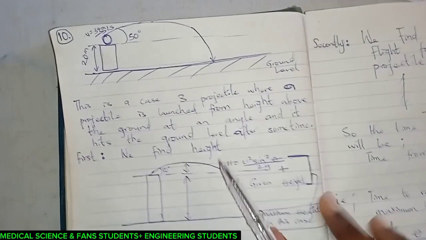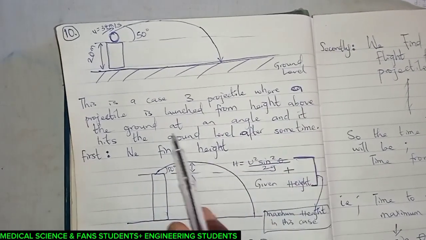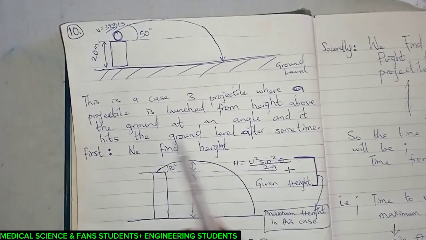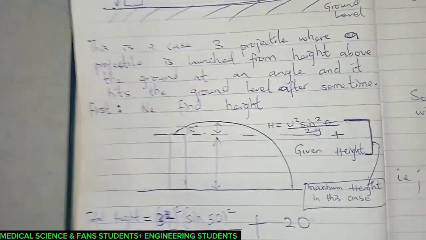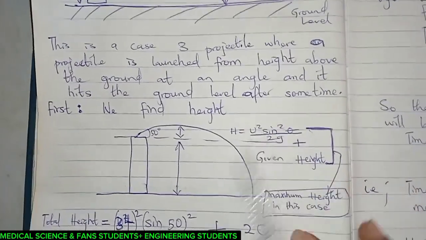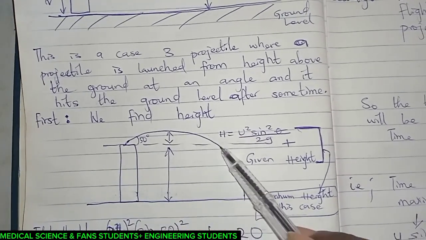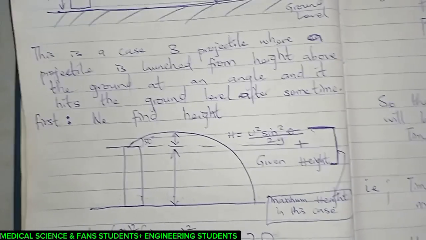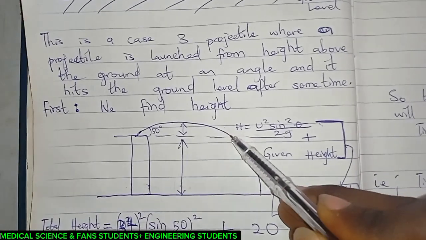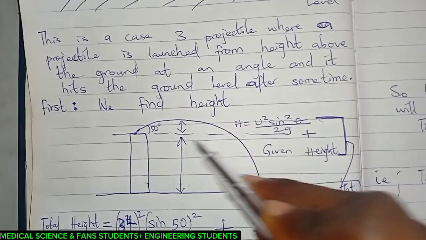So I wrote here, this is a case 3 projectile, where a projectile is launched from height above the ground at an angle and it hits the ground level after some time. We find heights. That's the first thing we find, height. Everything up here looks like your normal projectile, which is when a body is launched from the ground to ground level.